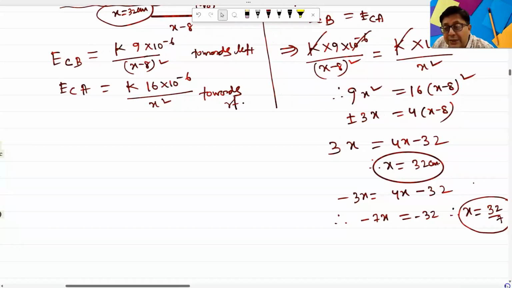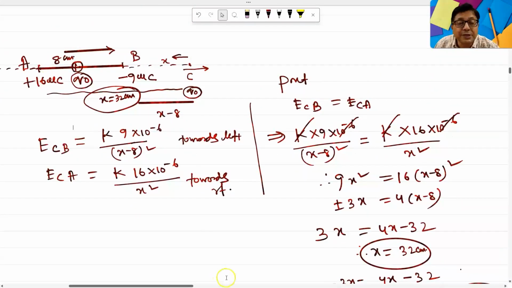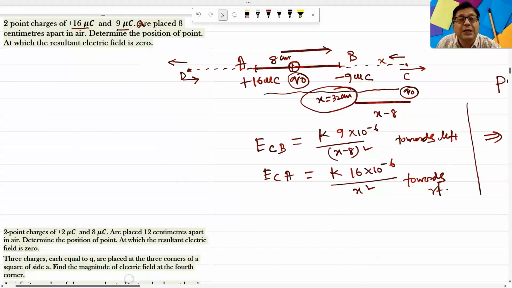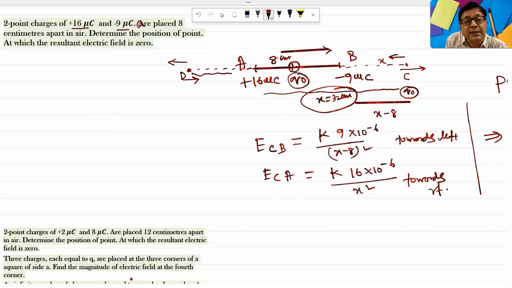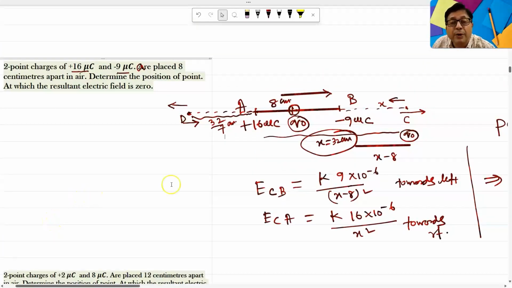This exists. Then what do you get? This x is smaller than the line segment joining these two. So that distance will be here, this distance 32 by 7 centimeter. So your answer will be either 32 centimeter away from the charge minus 9 mu c, or at a distance 32 by 7 away from 16 mu c, I mean on the left side of it. This you have to state clearly.